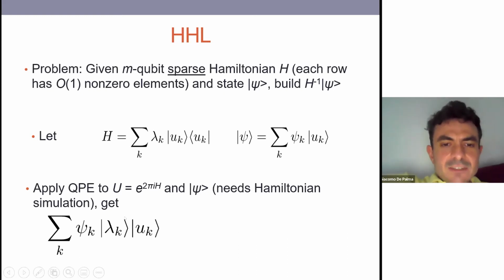We will get a superposition over k of psi_k, with the eigenvector u_k, and then the quantum phase estimation algorithm will give us an estimate lambda_k of the eigenvalue lambda_k.